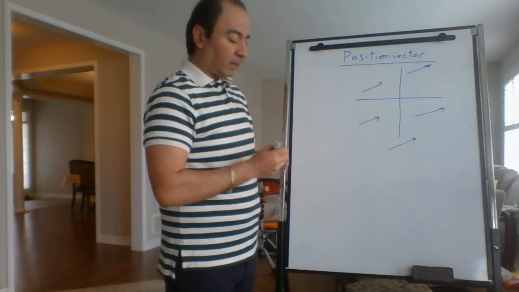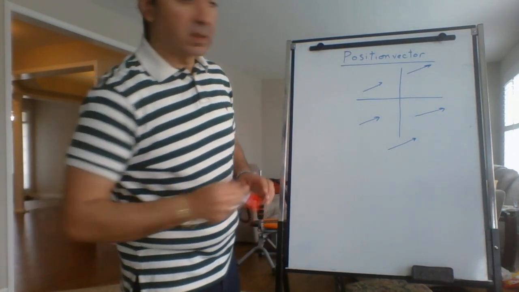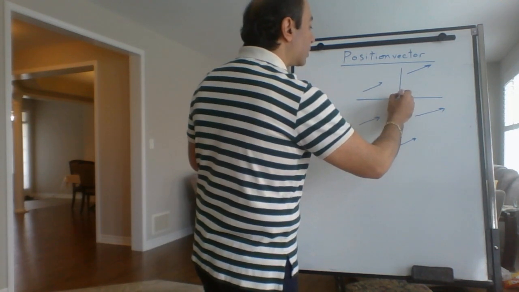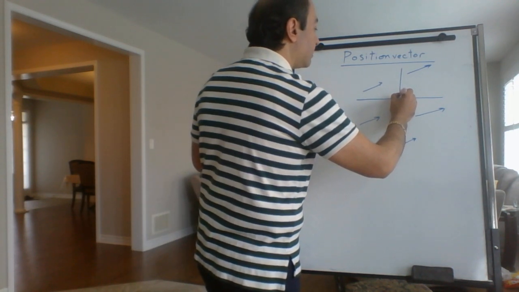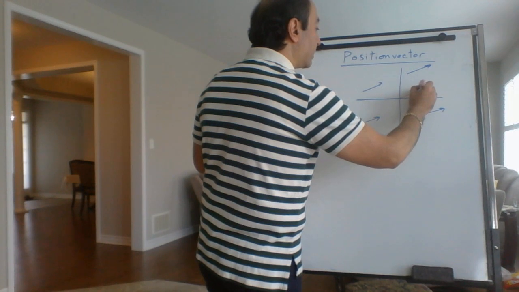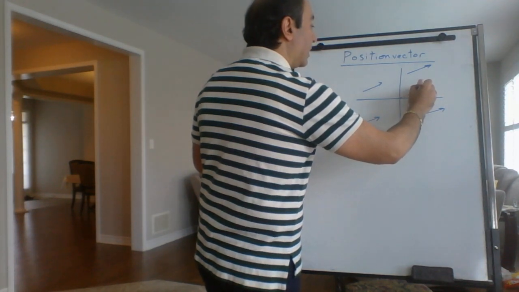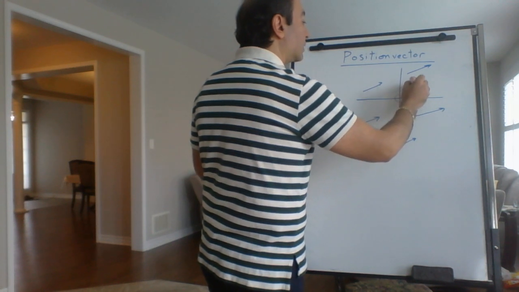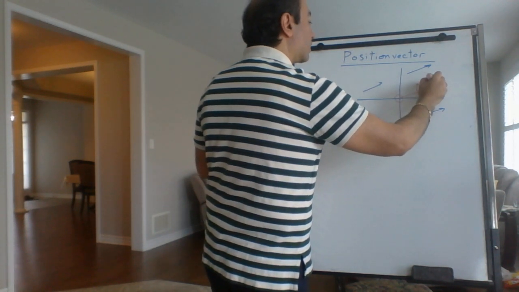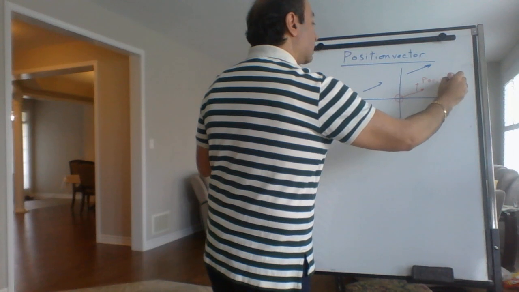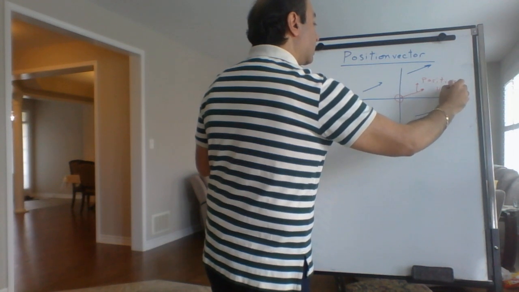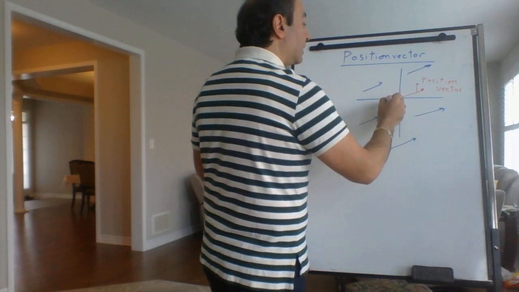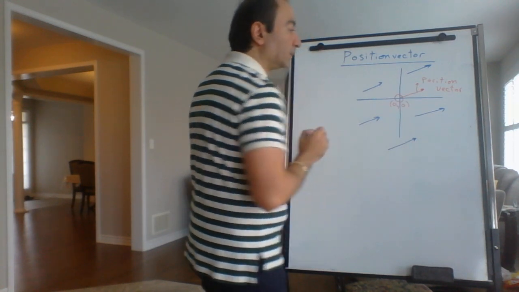So I can represent all of these with a vector that has the same magnitude as those, is parallel to them, and has the same direction. But the only difference is what makes this unique, and we call it a position vector: its tail is at the origin 0, 0.